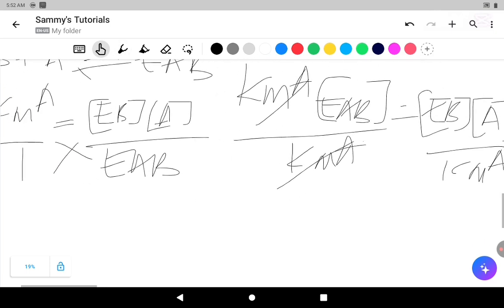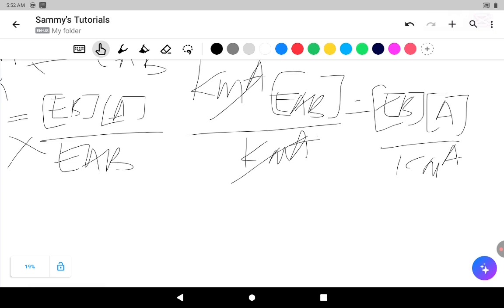After you've gotten this, the next thing to do is to substitute for EB from equation B. In equation B, EB equals to E, B all over KSB. So we are going to replace this particular EB with that equation.